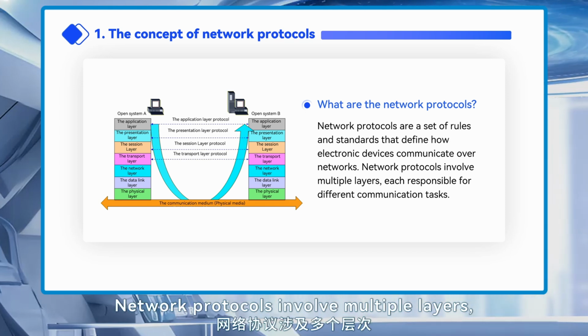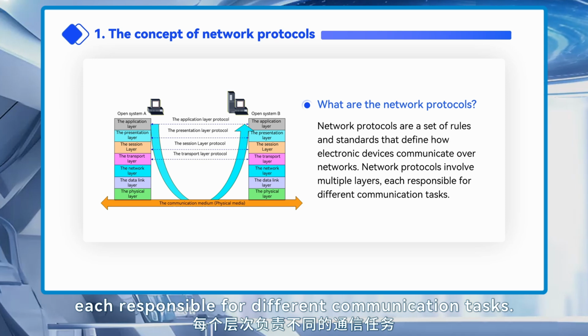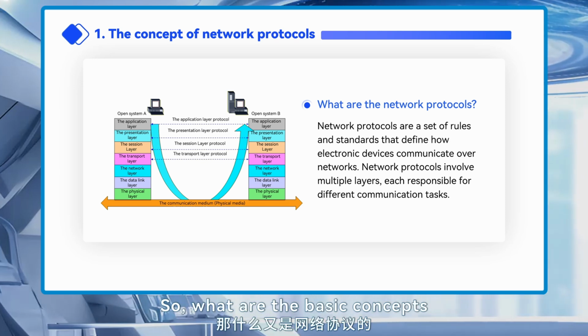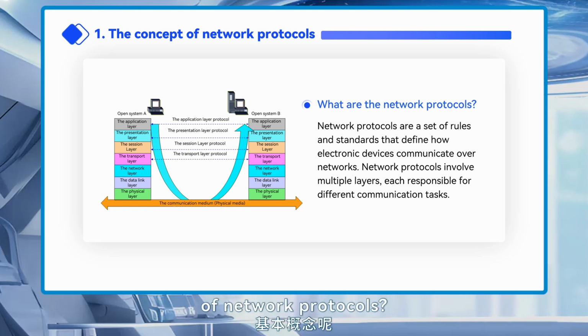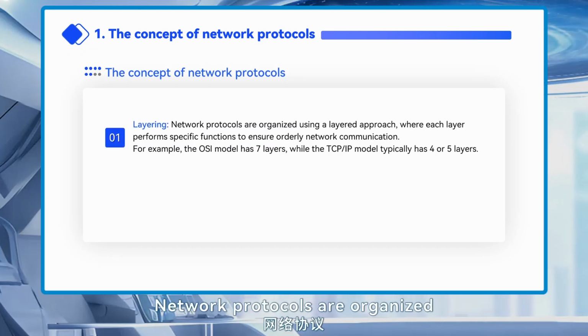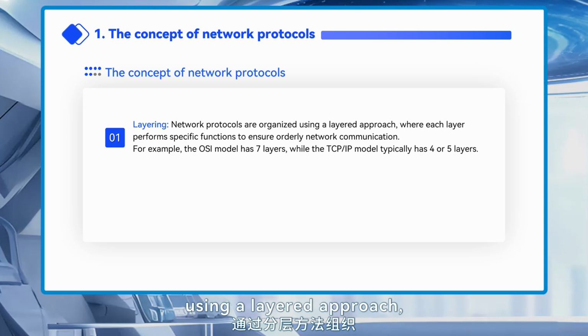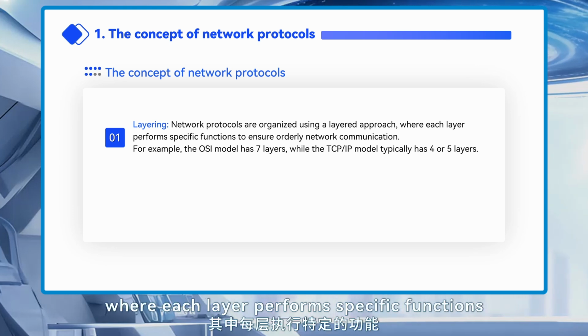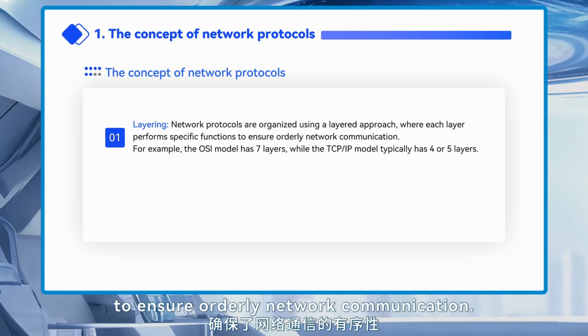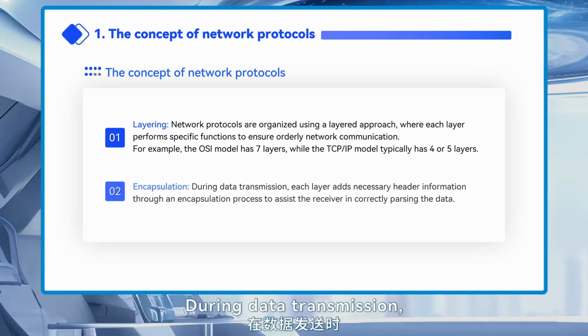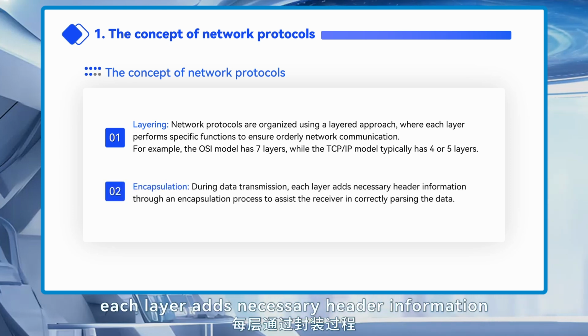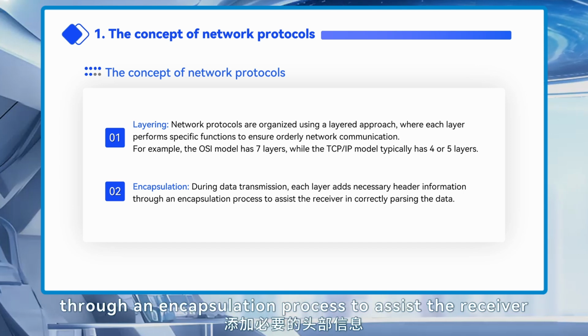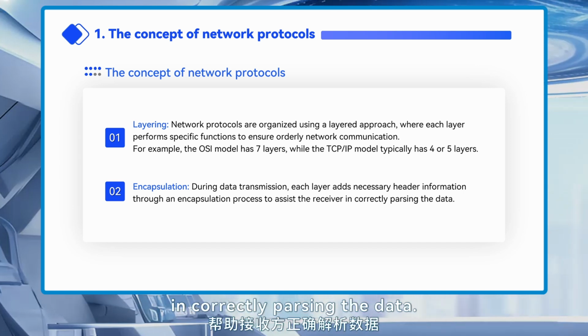Network protocols involve multiple layers, each responsible for different communication tasks. So, what are the basic concepts of network protocols? Network protocols are organized using a layered approach, where each layer performs specific functions to ensure orderly network communication. During data transmission, each layer adds necessary header information through an encapsulation process to assist the receiver in correctly parsing the data.